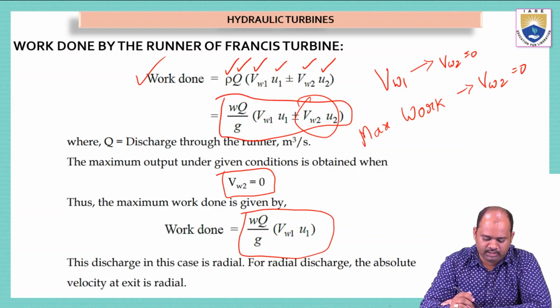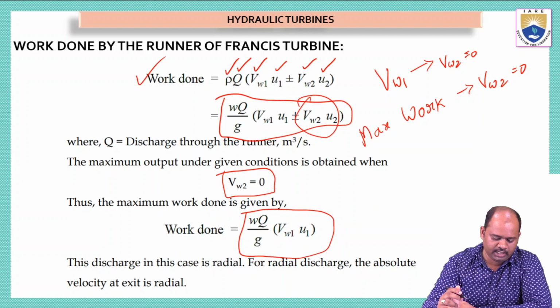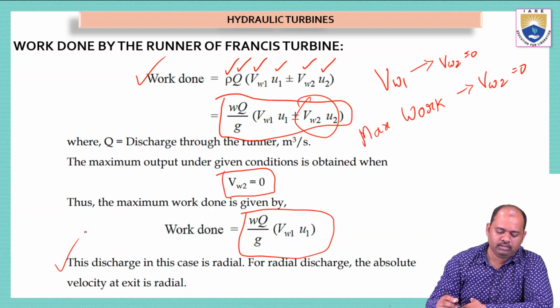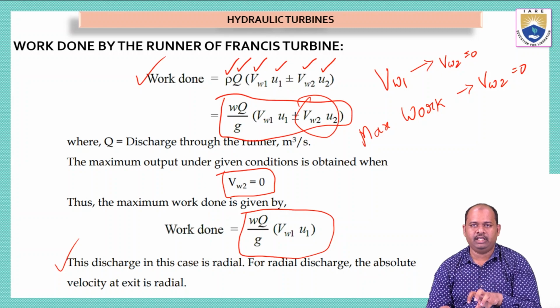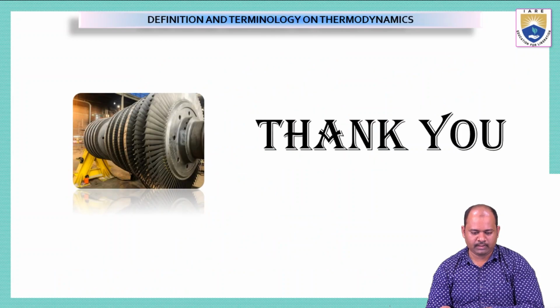The discharge in this case is radial. For radial discharge, the absolute velocity at exit is radial. The water that is coming out of the turbine is radial in this direction, so that is also something we have to consider.